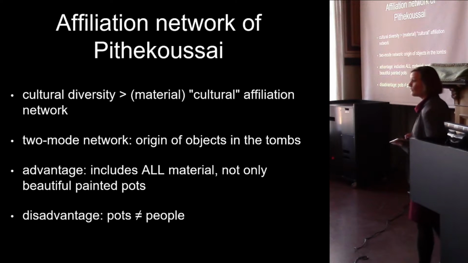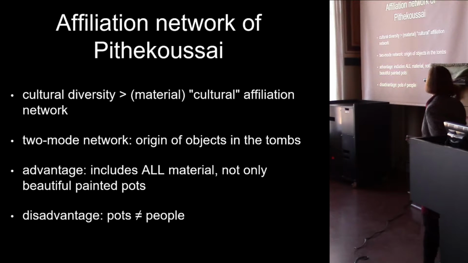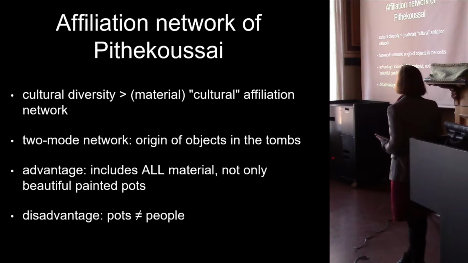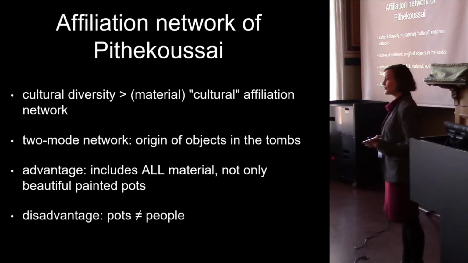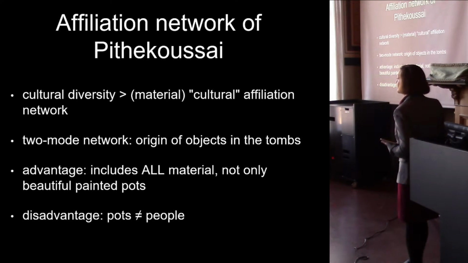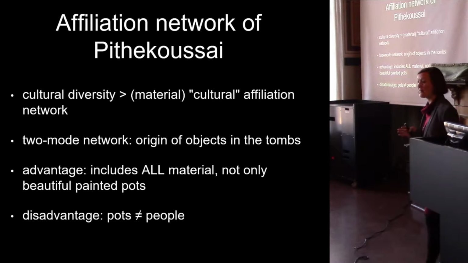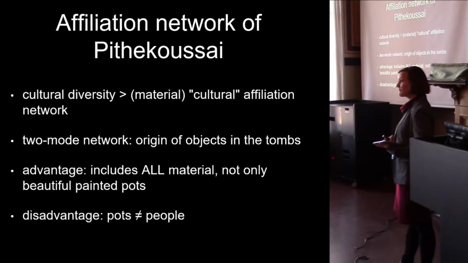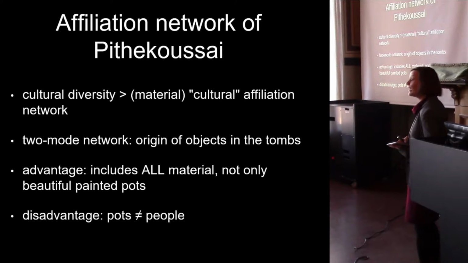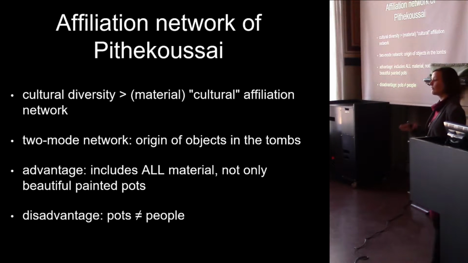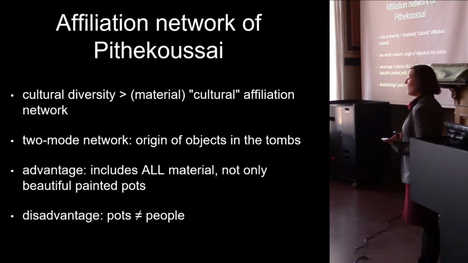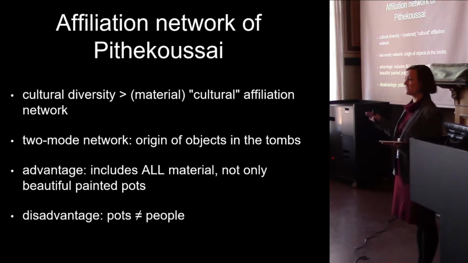So over to my first case study, the Pithekoussai necropolis. I've conceived it as a two-mode network, an affiliation network. Of course, the affiliation network is actually one of the earliest network examples ever described, by Allison Davis from the University of Chicago in the 1940s, already going into the Deep South in the United States and looking at women and the social events they attended.